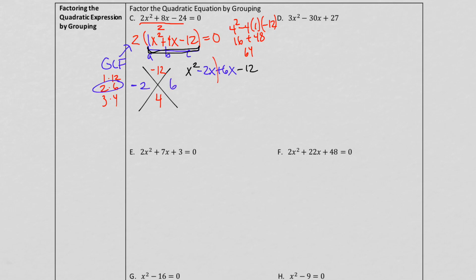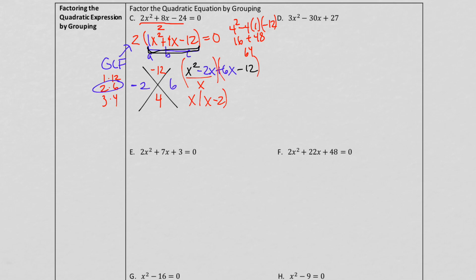Okay, then I'll factor by grouping. So I'm going to group my terms, and I'll GCF 2 times. Here I have an x in common. So x squared divided by x is x, and negative 2x divided by x is negative 2.